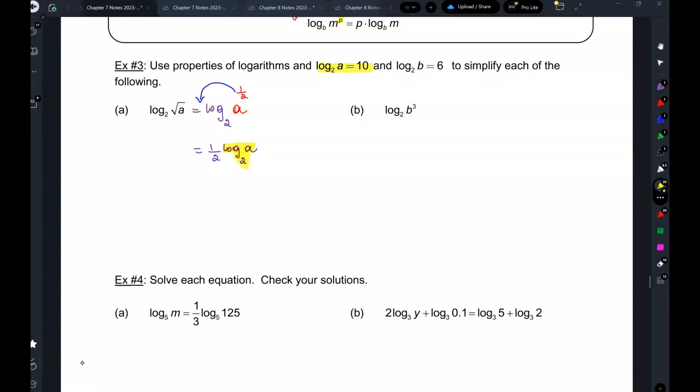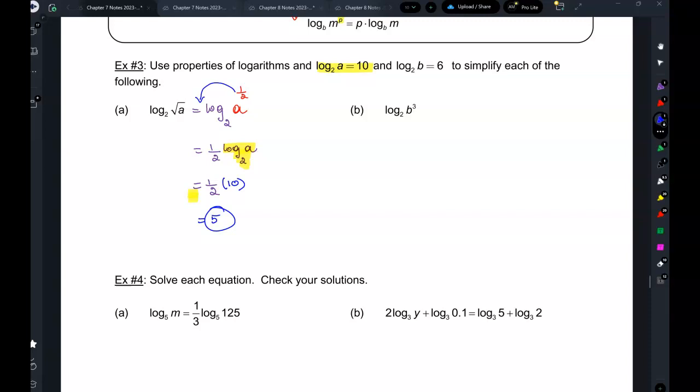We actually ended up with log base 2 of a. What does that highlighted part equal? 10. So you say this is half times 10. So this equals 5. Okay, thank you.